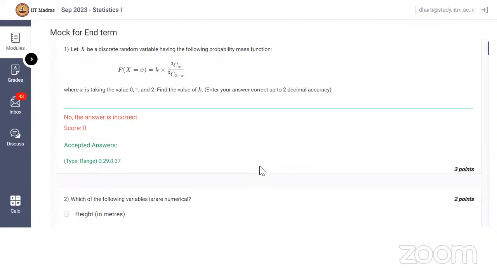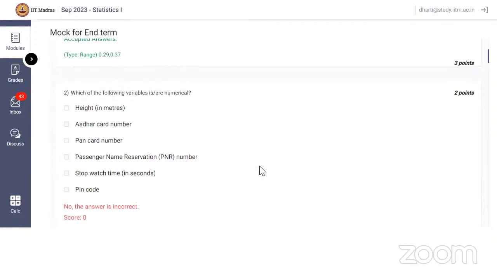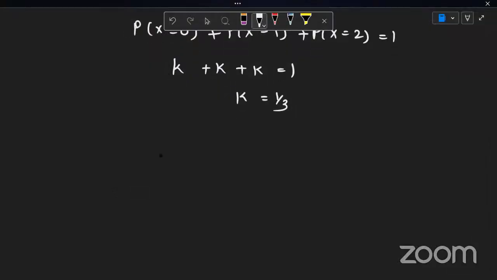Continue, ma'am. Fine. So the next question is, which of the following variables are numerical? You know there are two kinds of data, categorical and numerical. The options are height, Aadhaar card number, PAN card number, passenger PNR numbers, stopwatch, pin code numbers. What is the basic difference between categorical and numerical variables?